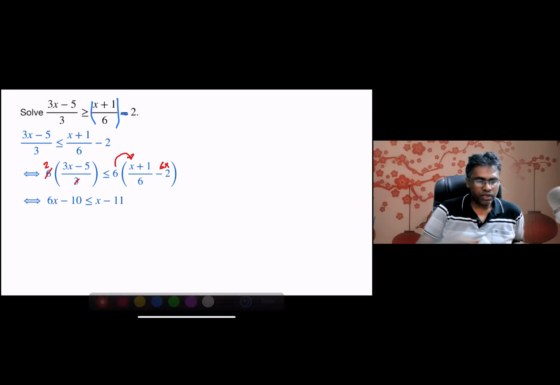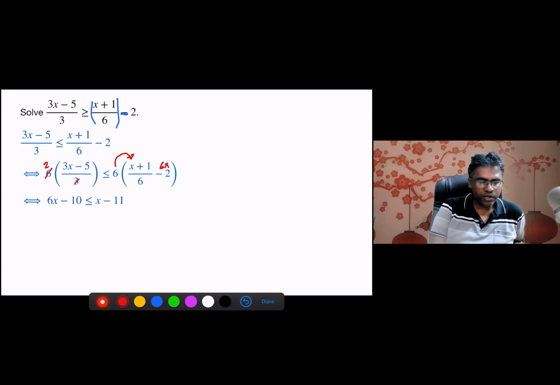So here, 2 is distributed inside, so you have 6x minus 10 less than or equal to x plus 1 minus 6 into 2, so that is 12. You're okay with this? Yes, sir. This is 12. So 1 minus 12, that is minus 11.